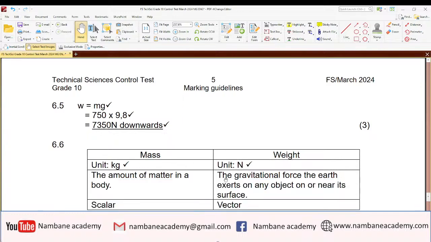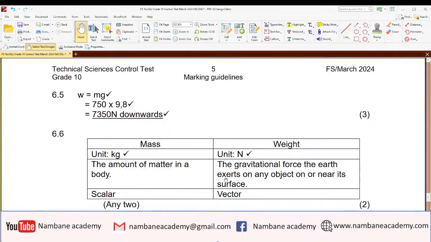6.5, calculate the gravitational force acting on the trailer. So W is equal to mg, 1 mark, 750 multiplied by 9.8, 1 mark, that is now for the entire substitution. Final answer 7350 newtons with the correct SI unit.